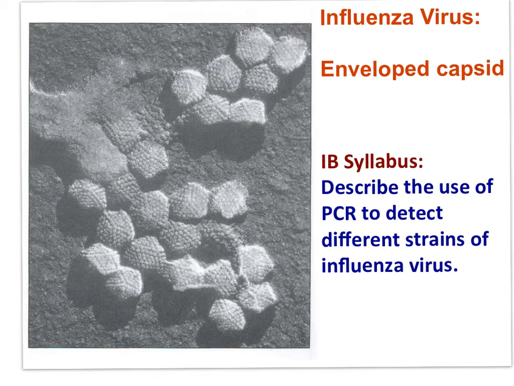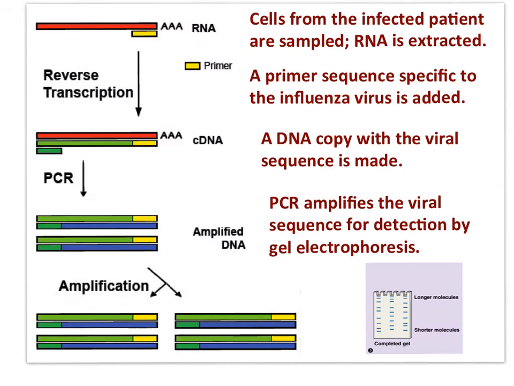Here is a scanning electron micrograph of the influenza virus. Influenza virus is an RNA virus, so the primer targets viral RNA before reverse transcriptase copies the viral RNA into DNA. Once PCR amplifies the quantities of viral DNA, detection is possible. One more time, host cells are sampled, RNA is extracted, including RNAs of the host.